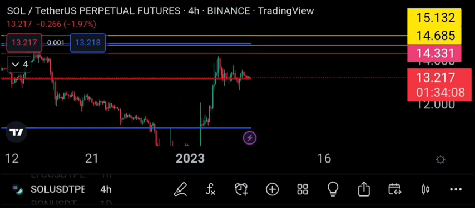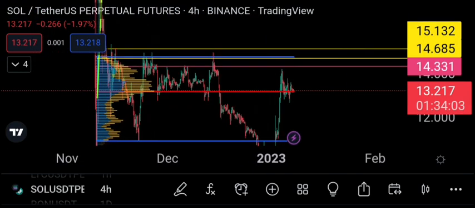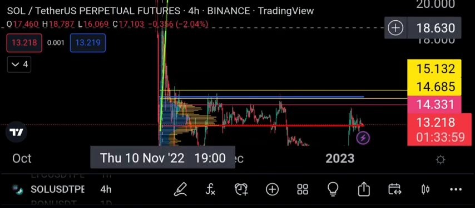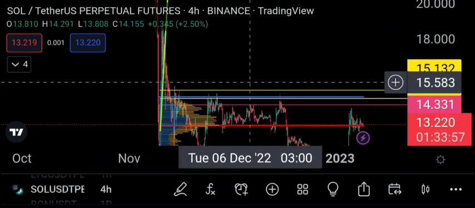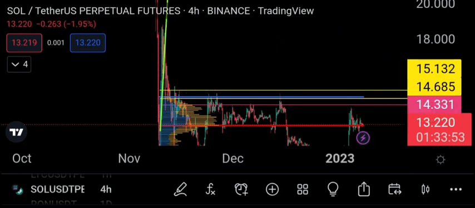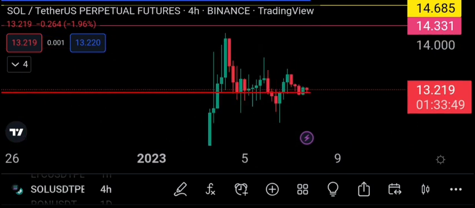But if you zoom out, you are even in a bigger descending triangle over here on Solana. If you count this peak over here, you're coming down and touching this peak and this peak, possibly 3 touches. But now I'm looking at this touch.